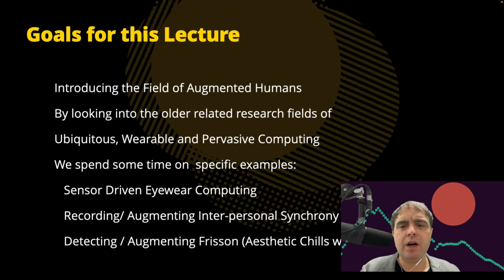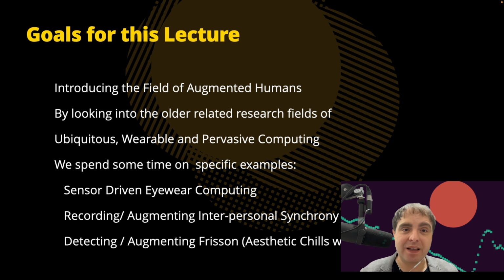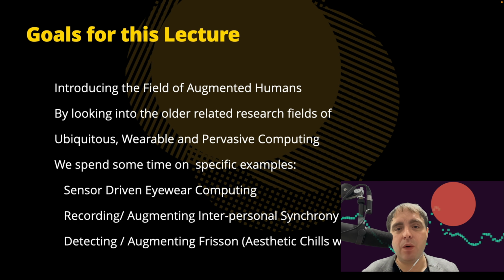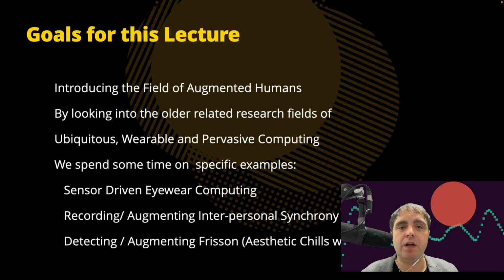Then what are the goals for this lecture? So, as mentioned, I want to introduce to you this exciting field of augmented humans. It's part of human-computer interaction. It comes out of work in ubiquitous computing, wearable computing, and pervasive computing. So I will introduce these terms and give you a bit of background about what are enabling technologies for that.